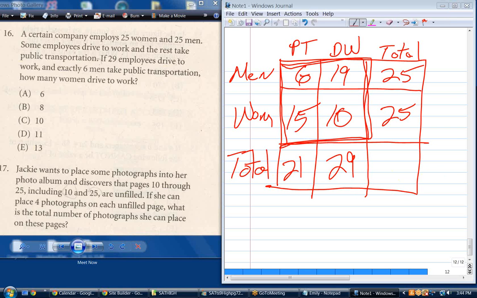So whenever there's 4 possible options, I make a square with 3 columns and 3 rows, knowing that I need a row for total and a column for total. And then just start filling in everything you know. And when we did that, then it was simple algebra to figure out how many women drive to work.